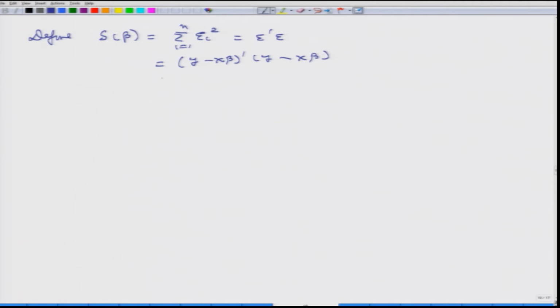And if I open this, we get y transpose y minus twice beta transpose X transpose y plus beta transpose X transpose X beta, right.